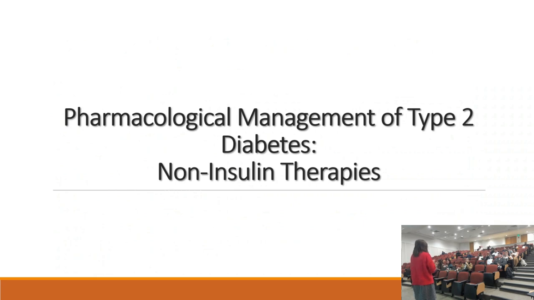Type 1 is autoimmune, and type 2 is resistance to insulin. Perfect. So type 1 is an autoimmune disease, so you could test autoantibodies to help with diagnosis, versus type 2, which is more insulin resistance. And since type 2 is insulin resistance, there's lots of medications that we're going to talk about today that we can use to treat this, not just insulin, although you can use insulin for both of them.